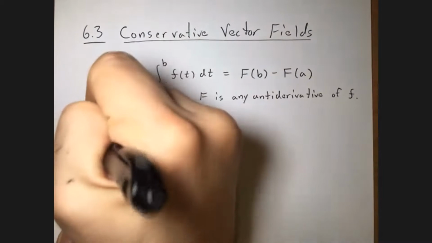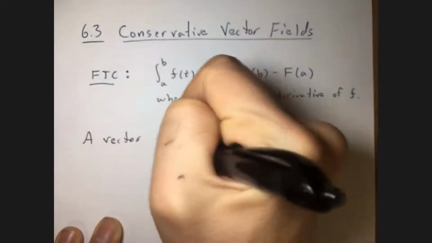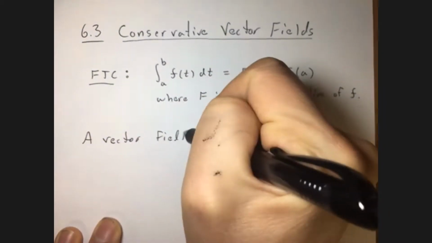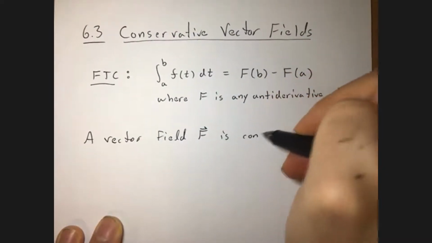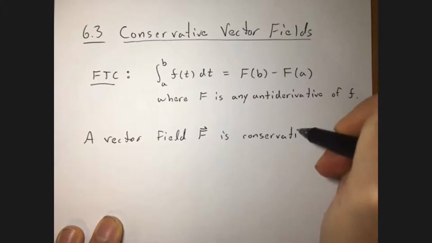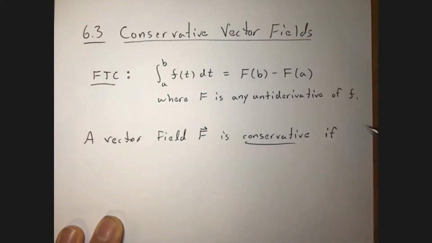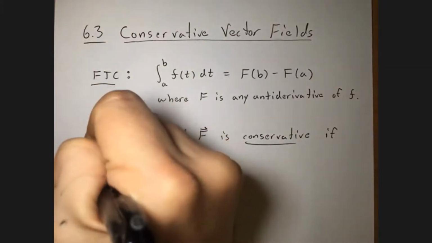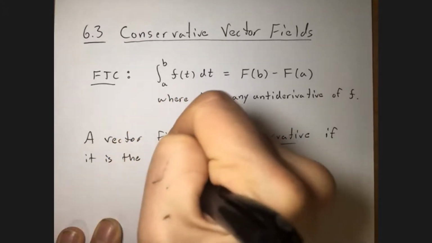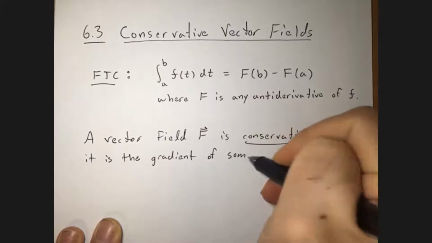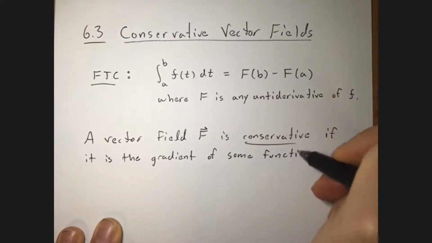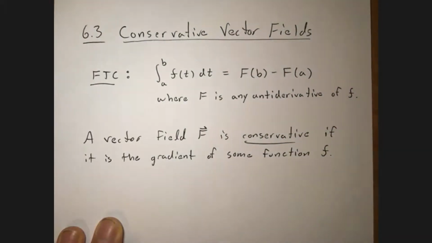So a vector field F is conservative if it is the gradient of some function f.